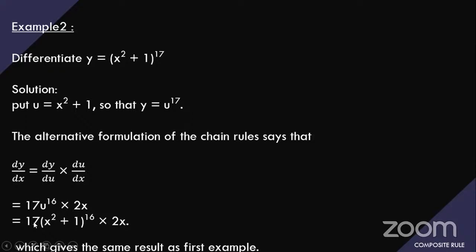We have 17 multiplied by x squared plus 1 raised to the power of 16 times 2x, which gives the same result as the first formula that we solved. But this one, dy/dx equals dy/du multiplied by du/dx, can help us remember.